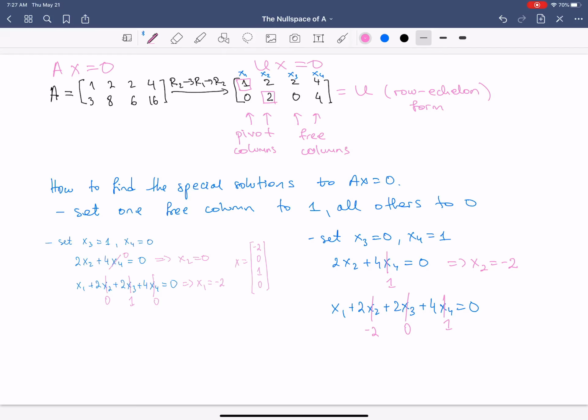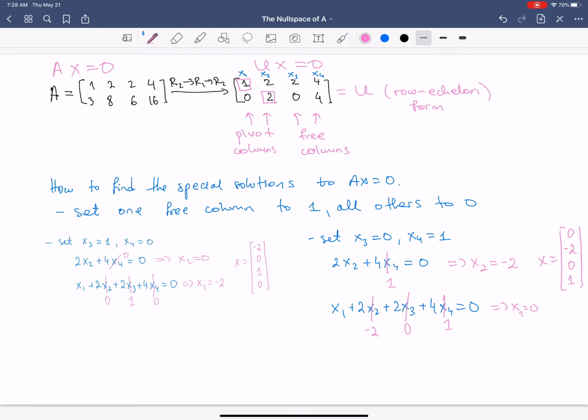From x2 we have a negative 4, from x4 we have a 4. It turns out that x1 must be 0. So the vector x in question is going to be, this is another x vector, so x1 is 0, x2 is a negative 2, x3 is 0, x4 is 1.